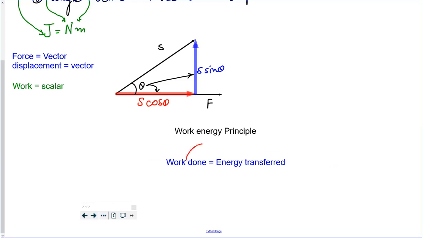All the time, not in one case, not in two cases, it's all the time like that. Work done is equal to energy transferred, and energy transferred is equal to work done.